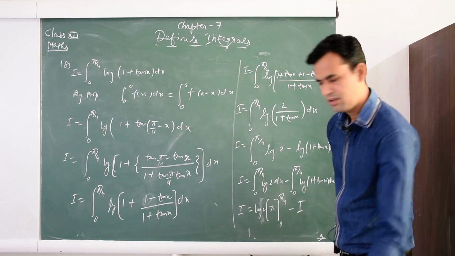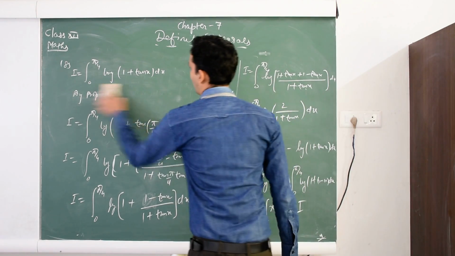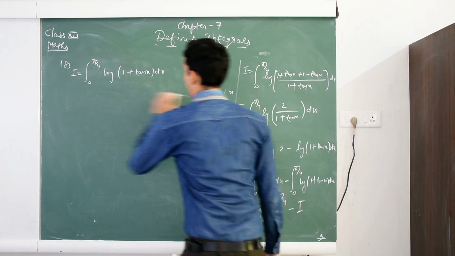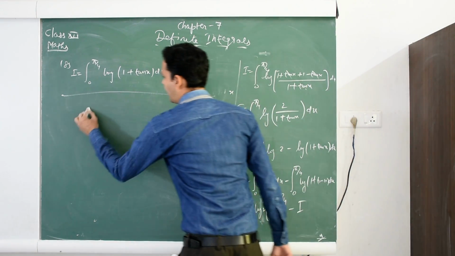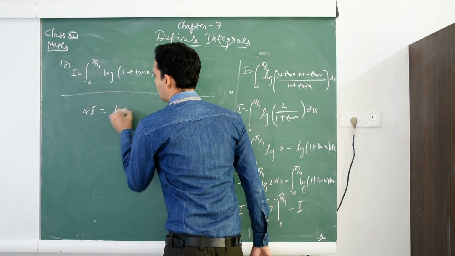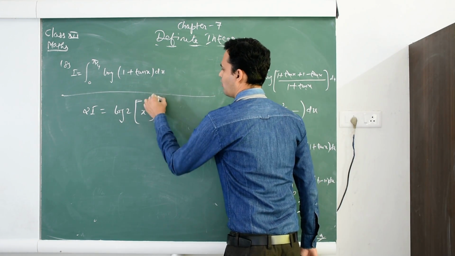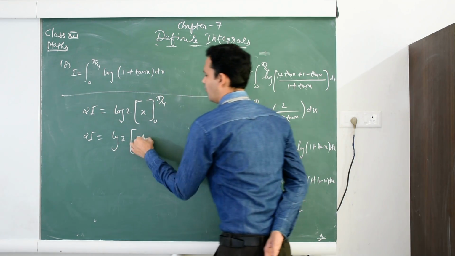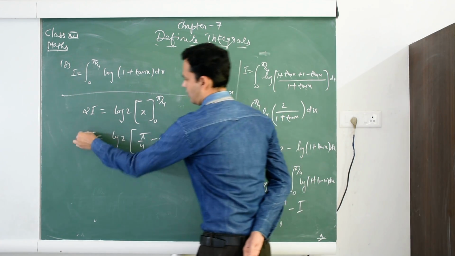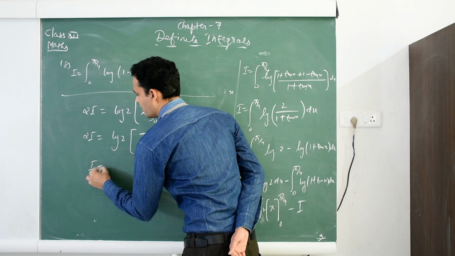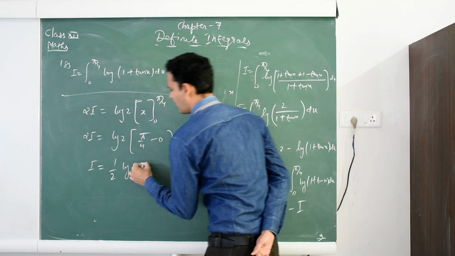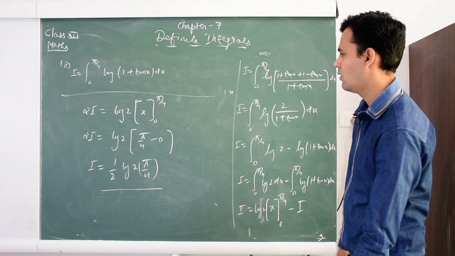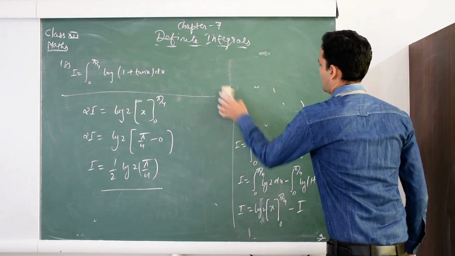So this I goes to the LHS and we get 2I equals log 2 times x from 0 to pi by 4, which is pi by 4 minus 0. The 2 goes to the right side. So I equals log 2 times pi by 8, this is the answer of this question. Okay. Next question.